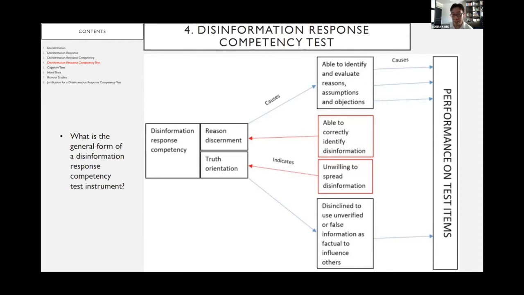And truth orientation we posit as the cause of a phenomenon that can be measured: the disinclination to use unverified or false information as factual to influence others. These in turn cause performance on test items that can allow for their measurement. At the end of this deck of slides, I will give you an example of one such test item.